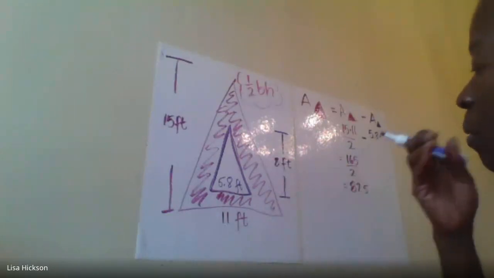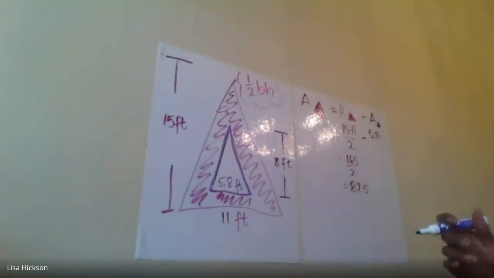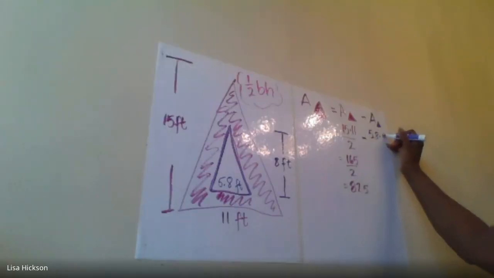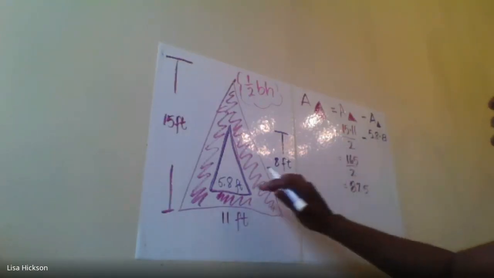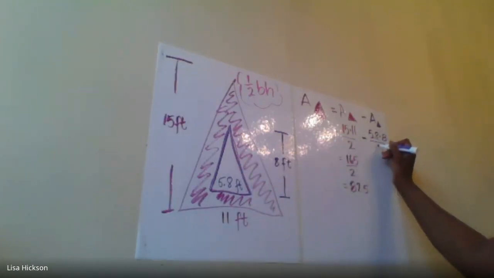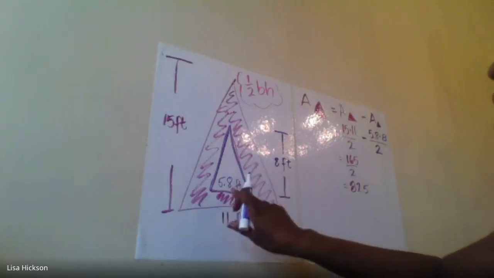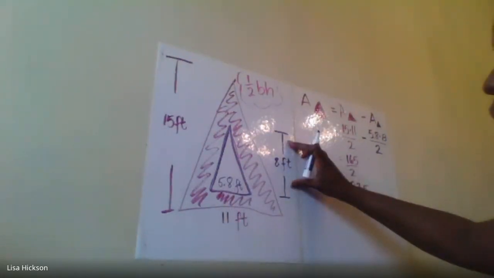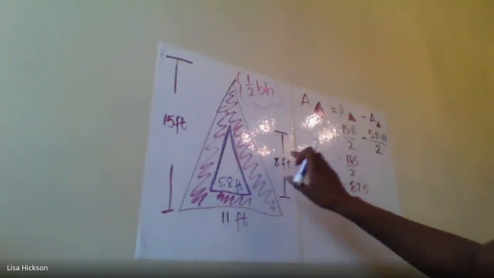I tried to make them all purple together. Somebody help her out. 8. Thank you. And again, we're going to do what? Divide that by 2. So she took the base of the little triangle times the height of the triangle. 1/2 the base times the height.